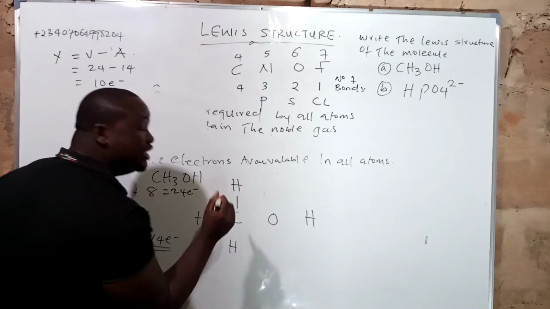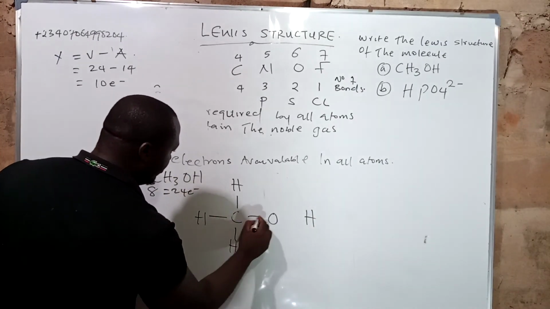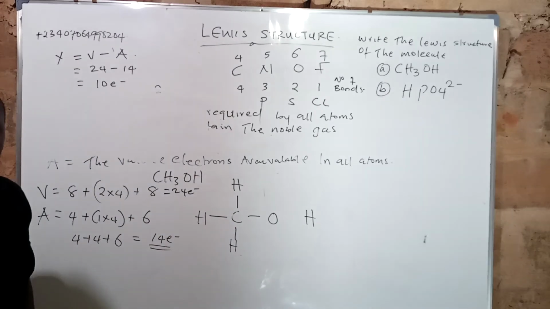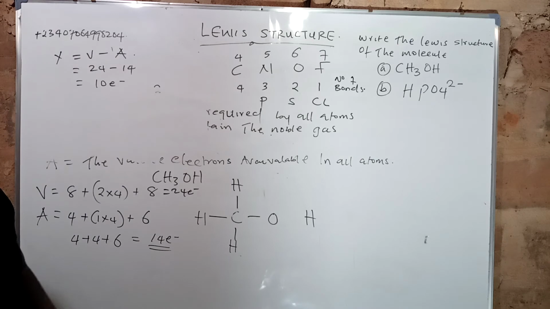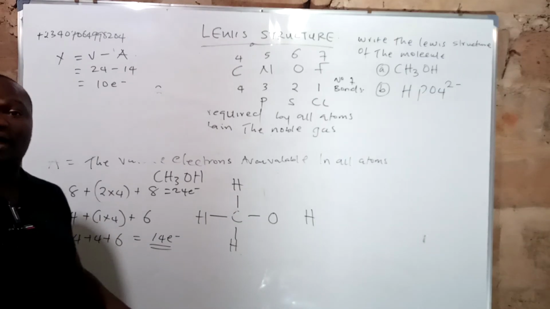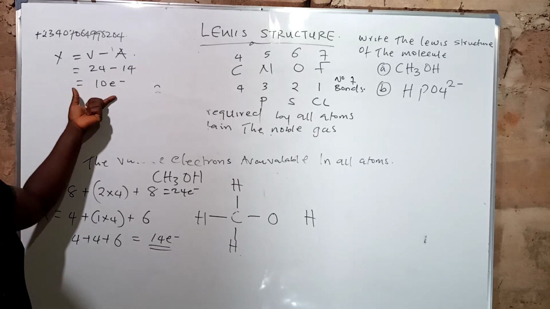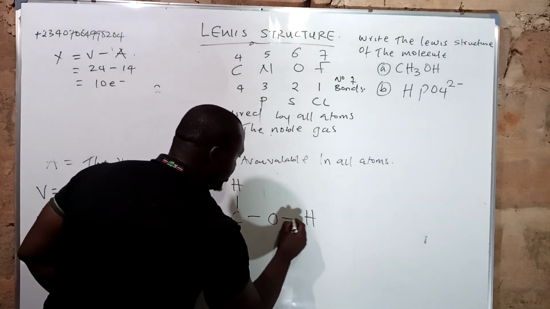So if they only say carry 4, this is 1, 2, 3, 4, which is 8, right? Then immediately you distribute the 4. The remaining you can distribute in any other place that is not the central atom. So we have collected 4 pairs, which is 8, remaining 2. You can come here and put 2 here.